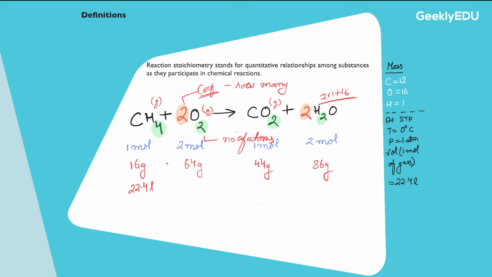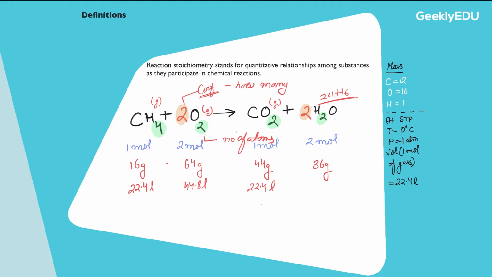So you can say 22.4 liters of methane reacts with 2 times 22.4, that is 44.8 liters of oxygen, to give 22.4 liters of carbon dioxide. Now, this was not an aqueous case.